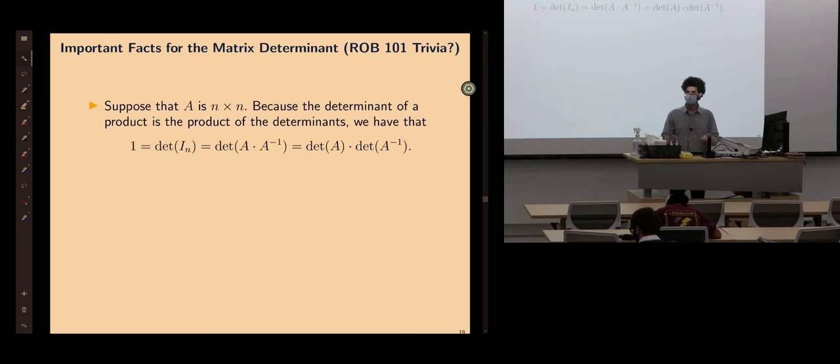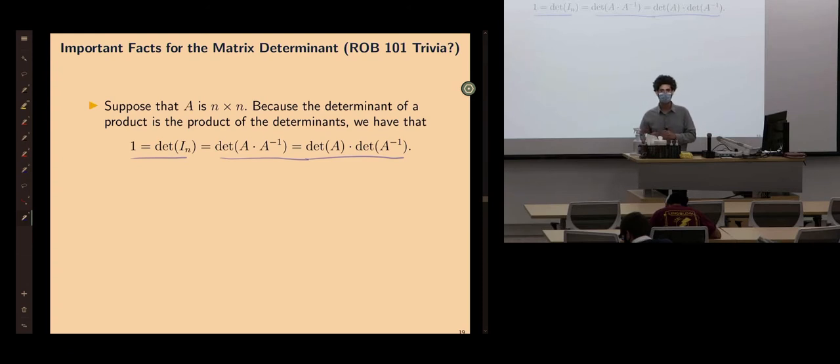And we can, of course, take the determinant of both sides. Now, if we do that, what do we get? The determinant of the identity matrix is 1, okay? And this is the first fact we learned today. Now we get an equation that tells us the determinant of A multiplied by the determinant of A inverse must be equal to 1.